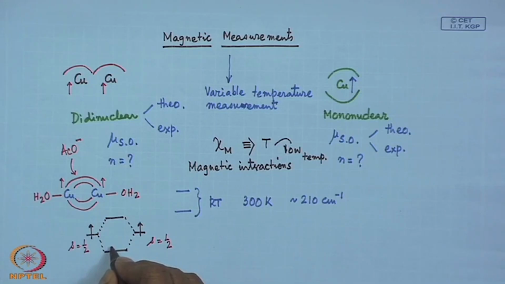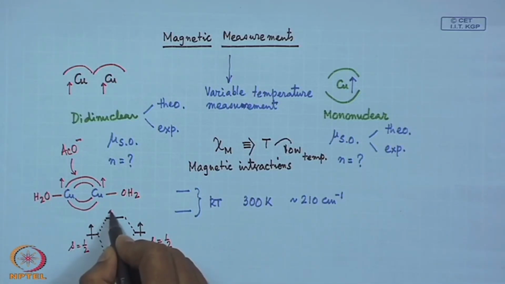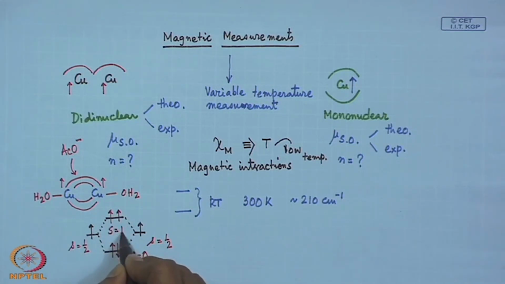And if we consider that both electrons are occupying one particular magnetic orbital, that means the total spin value S is equal to 0, or it is in this particular level where the total spin value is 1.